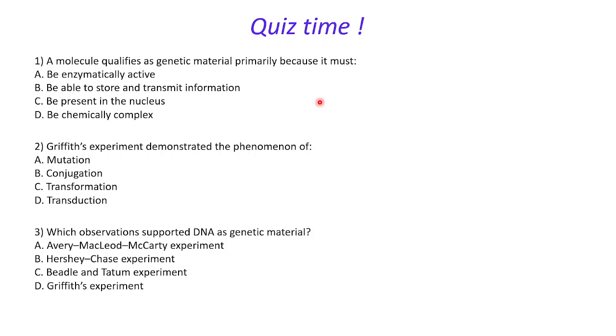Right. The next one says, which observation supported DNA as genetic material? Avery MacLeod McCarty experiment, Hershey-Chase experiment, Beadle-Tatum experiment, Griffith's experiment. What I have not said over here is that there can also be multiple options that are correct, right?